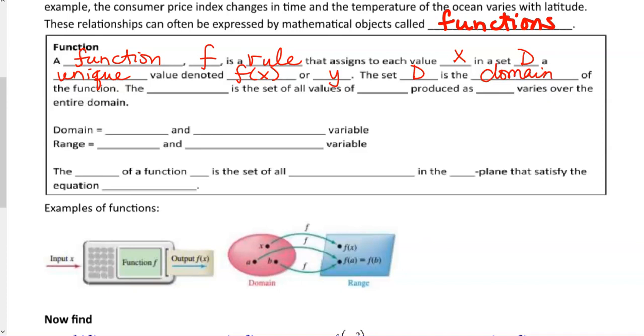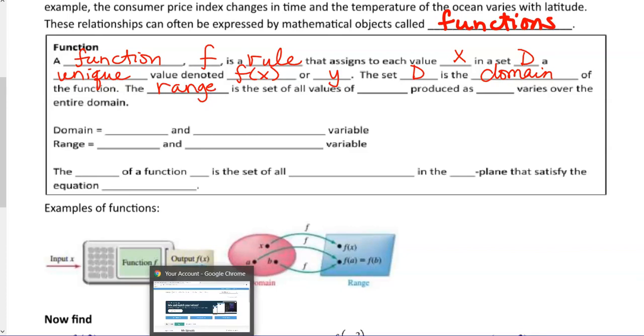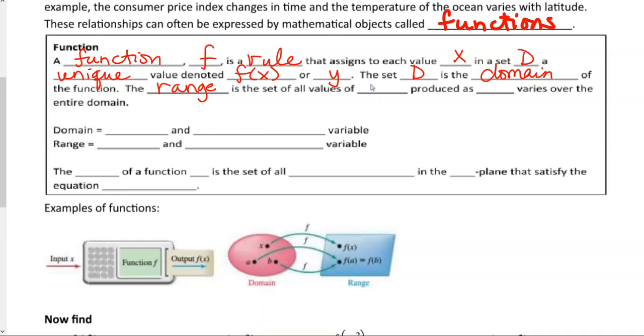So what are all the inputs that I have within my rule? Then the range of our function is the set of all values of f of x, which is the same as y, produced as x varies over the entire domain. So our domain we can think of as the input, and our range is the output of our function or rule.